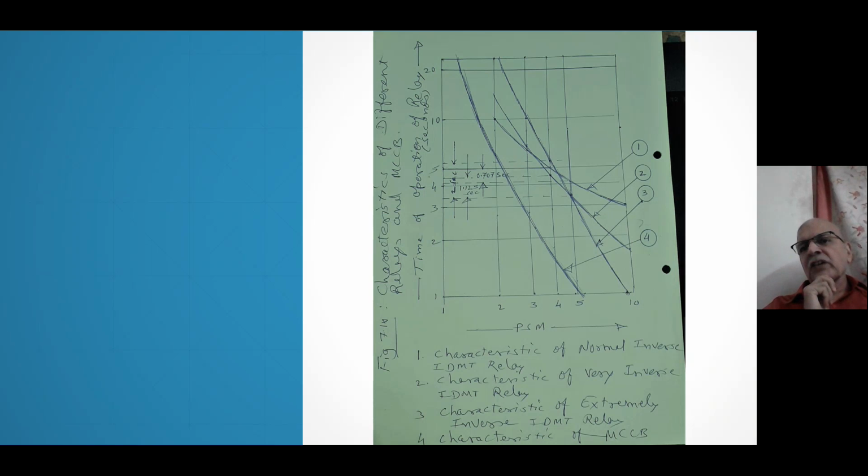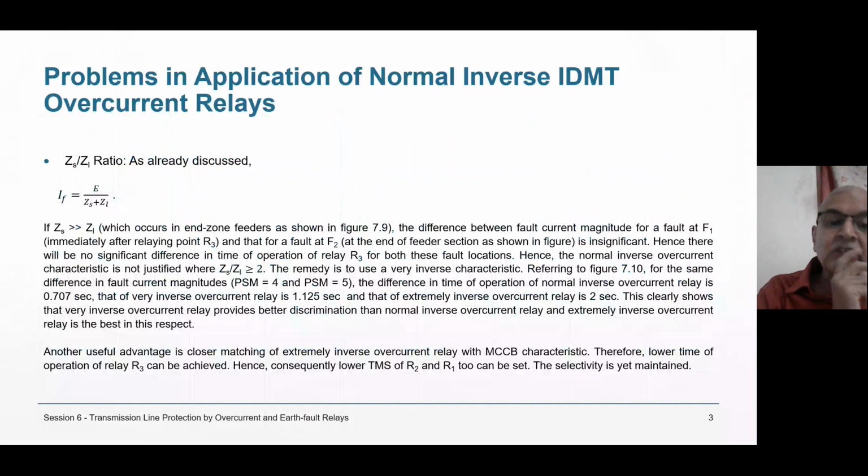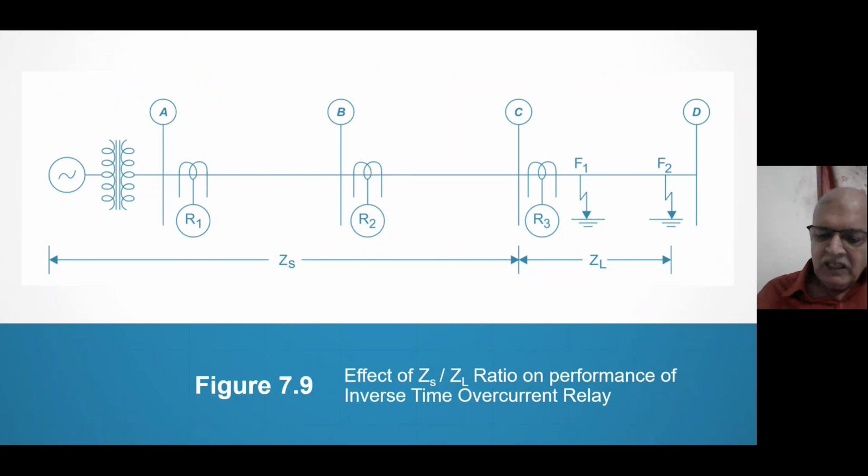So if you see the characteristics, number one is normal inverse. I am taking PSM, plug setting multiplier, 4 and 5, very near.